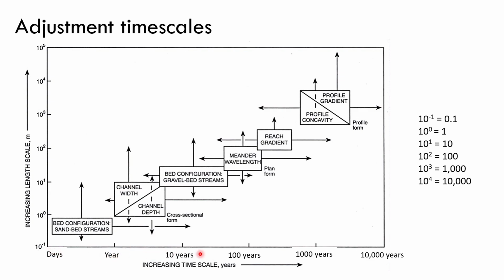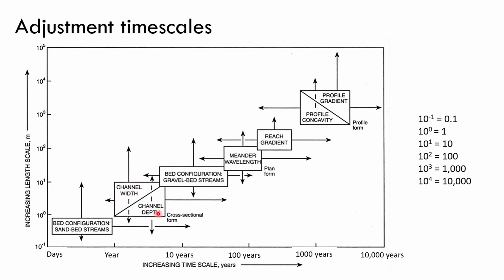So along the y-axis down here, we have the time scales, from days up to 10,000 years. And then on the other axis, we have what we call the length scale.